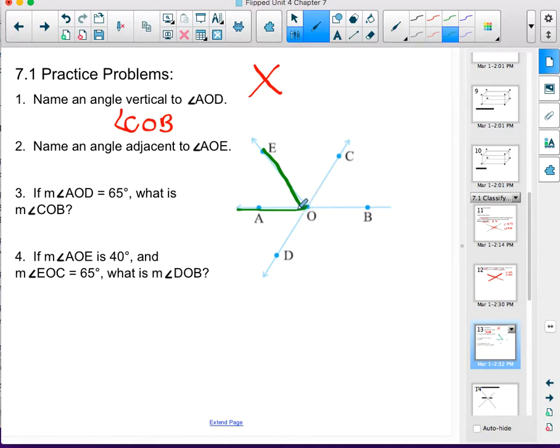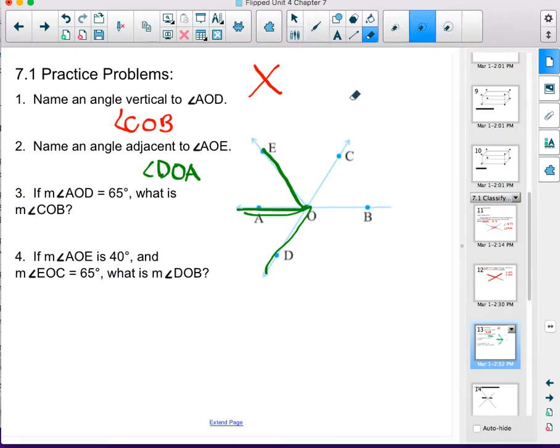So I'm going to choose to use this ray right here, ray OA. An angle that is adjacent to angle AOE would be angle DOA right there. There are other angles adjacent to angle AOE, and you are going to be asked to find another one as part of tonight's assignment.